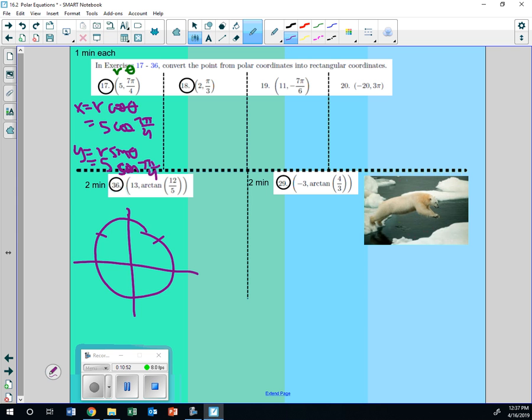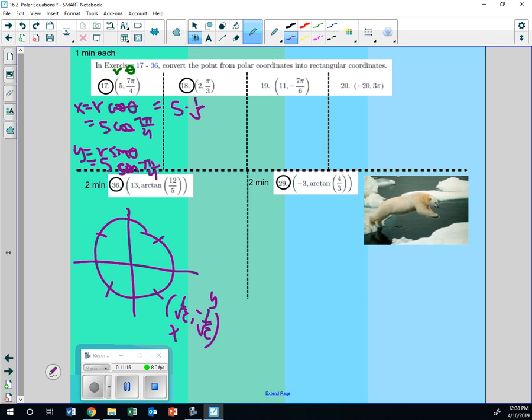1, 2, 3, 4, 5, 6, 7. There's 8 pi over 4, so it is back 1. 1 over square root of 2, negative 1 over square root of 2. And this is my x, and this is my y. So this is just going to be 5 times cosine, which one, x or y for cosine?